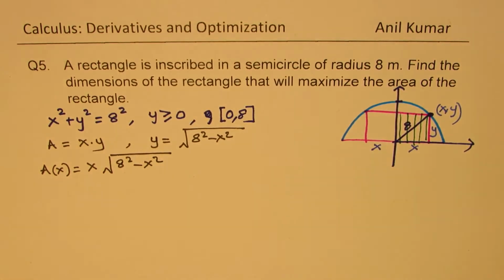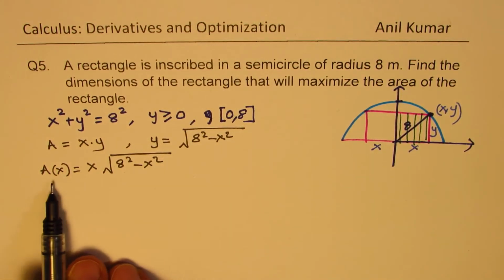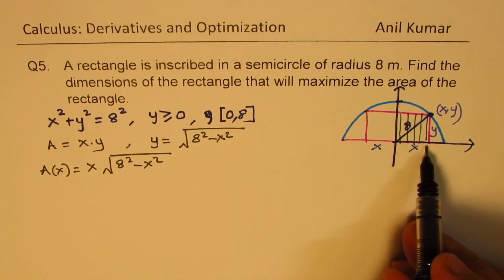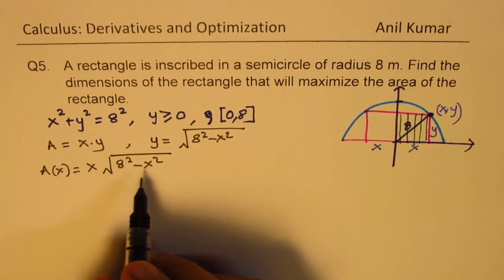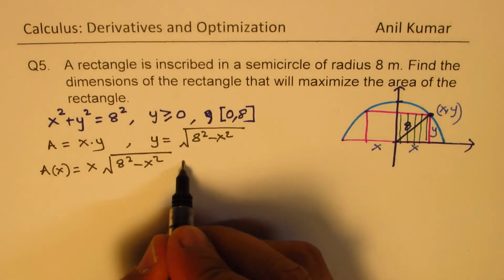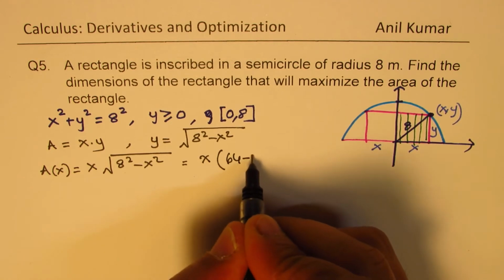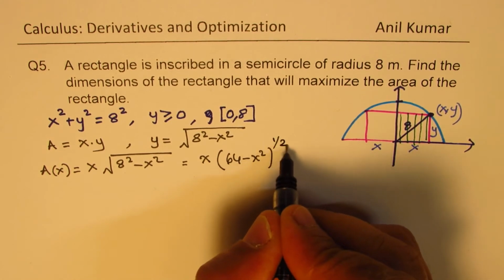You see that? So now we have a function of area in terms of x, where x is half the width of the rectangle, right? Which is as good as writing x times (64 minus x squared) to the power of half.